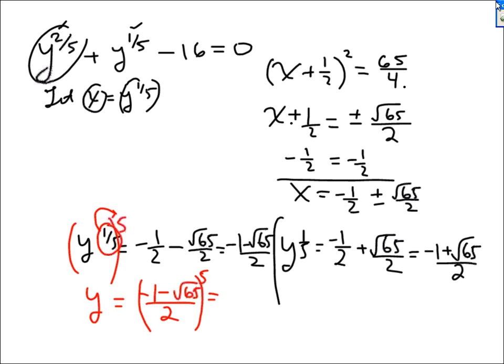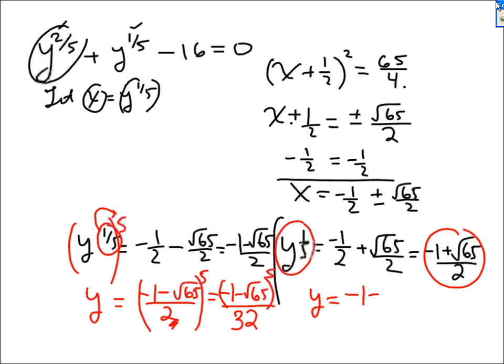Now, I have no idea what negative 1 minus the square root of 65 times itself 5 times is. But I sure know what 2 times itself 5 times is. It's 32. So that's one answer. Raise to the fifth power, get y to the 1. Raise the numerator to the fifth power, you just get that.